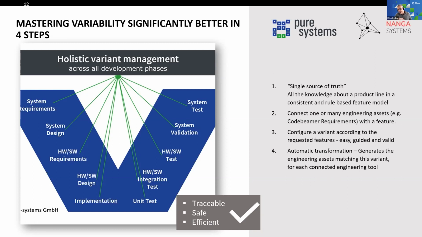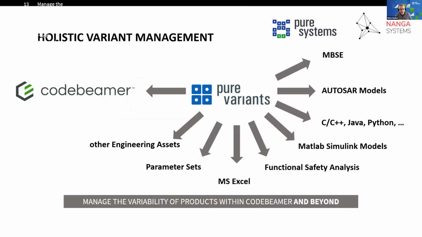And even if your feature model or your product line will grow within the next years, because usually a product line exists for 5 years, 10 years, or 15 years, even if it is getting more and more complicated, we are still using the same methodology, the same rules. These are rules in the background. So you have always control about your product line, even if it is getting more and more complicated.